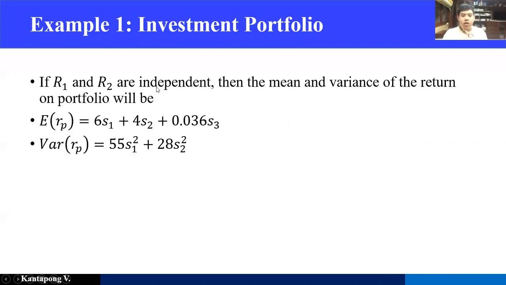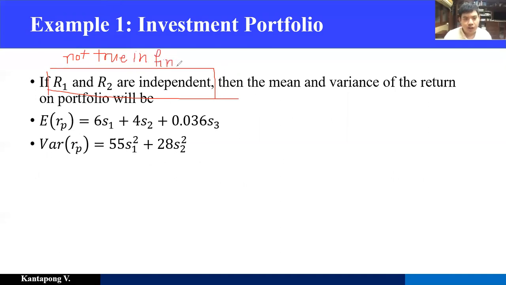Suppose that R1 and R2 are independent. The big caveat here is that this assumption is mostly not true in finance, because usually two stocks move slightly and positively together.